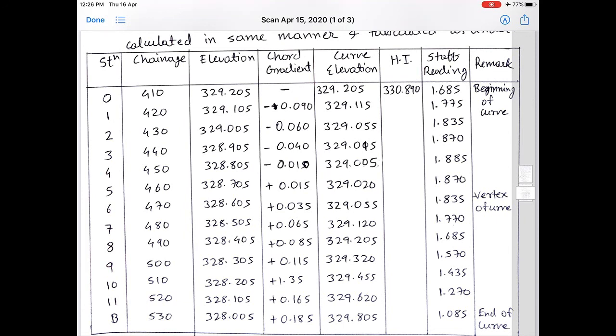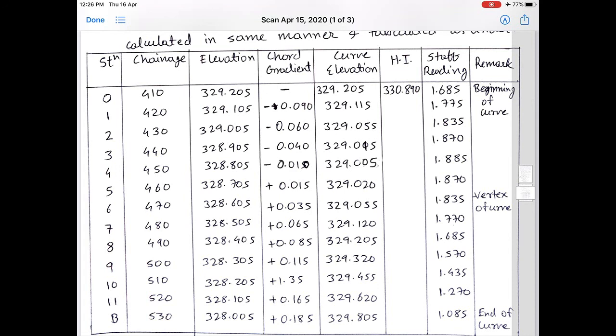After this, the elevations of the tangent are found by using a simple formula: elevation of first point, 329.205 as we have already calculated in the above steps, minus E1, that is your first gradient.